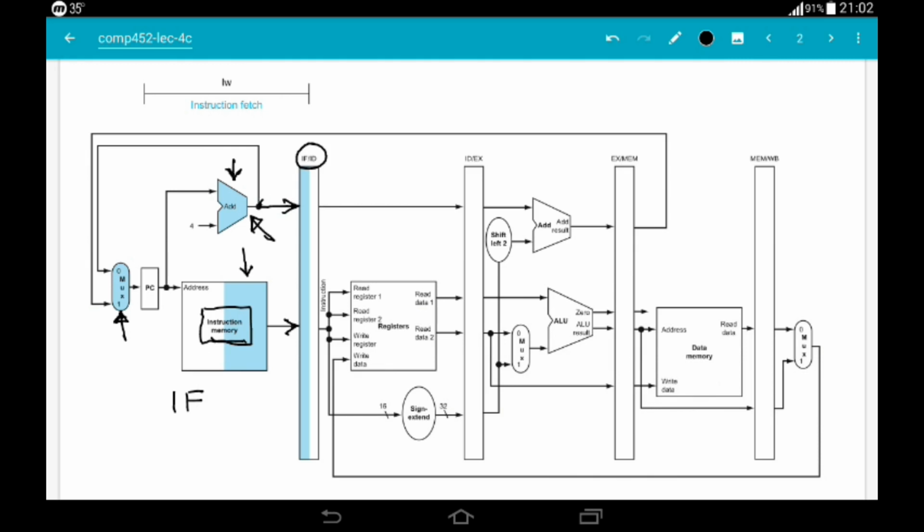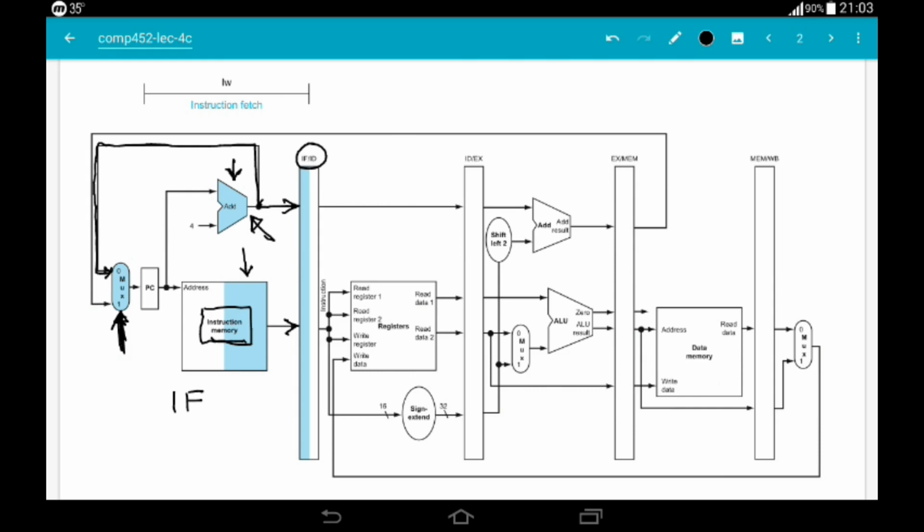But you can see that the PC plus 4 value is also routed back to this mux. Later on we will see how we are going to control the select line of the mux, but right now we are focusing on the pipeline data path itself.